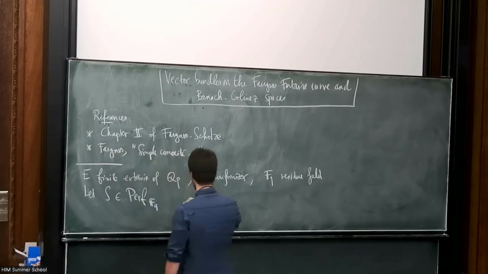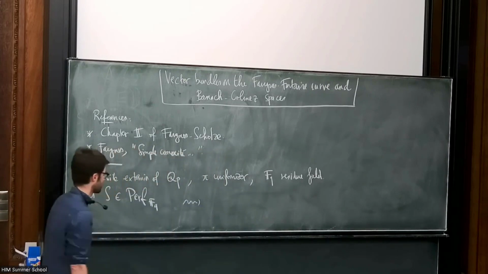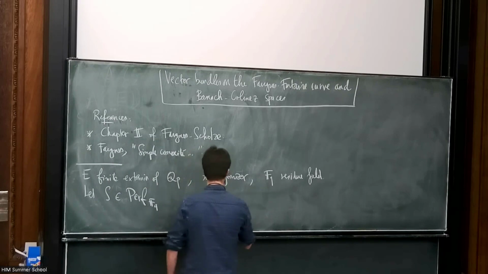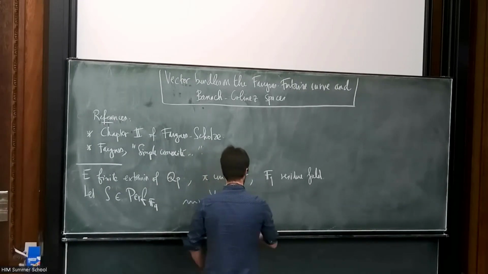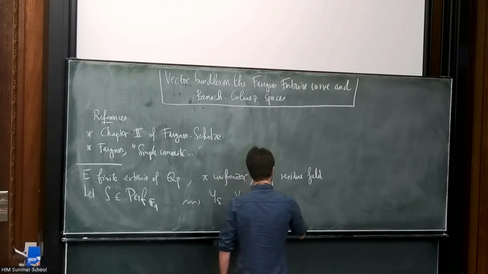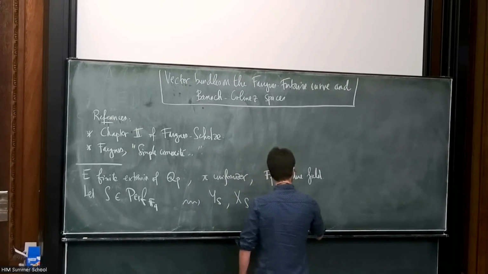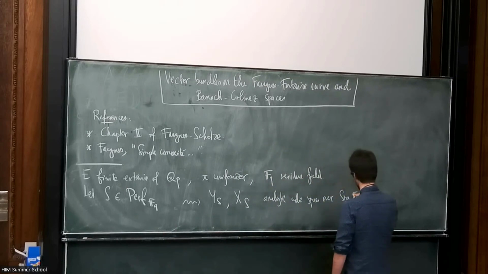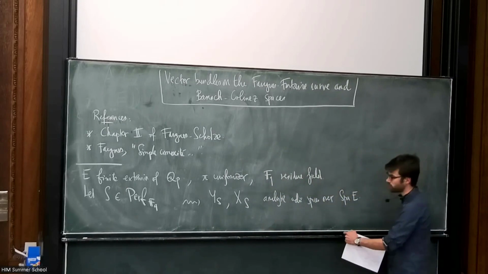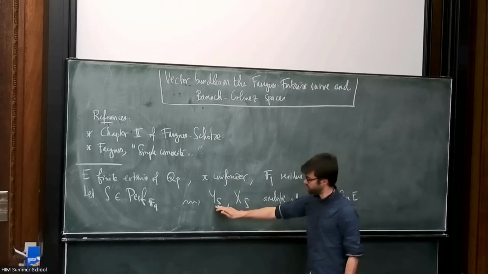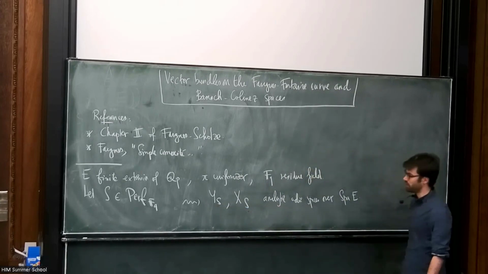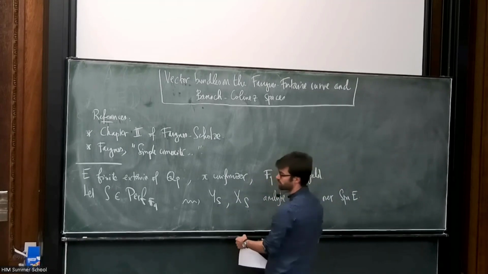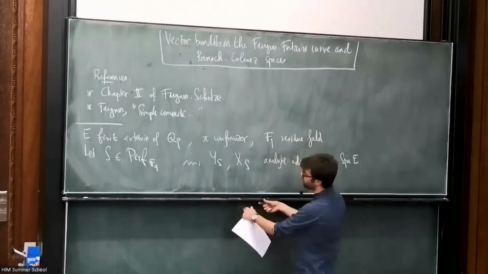And to the datum of E and S, what we saw in the last talk is that we can attach Y_S and X_S, which are both analytic adic spaces over Spa E. These objects really depend on E, but to keep the notation light, E is fixed once and for all, and so I will just remove it from the notation.